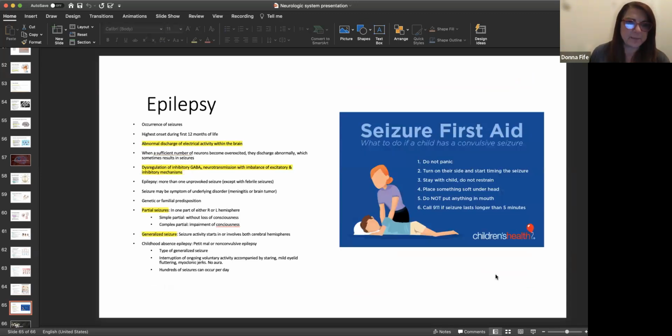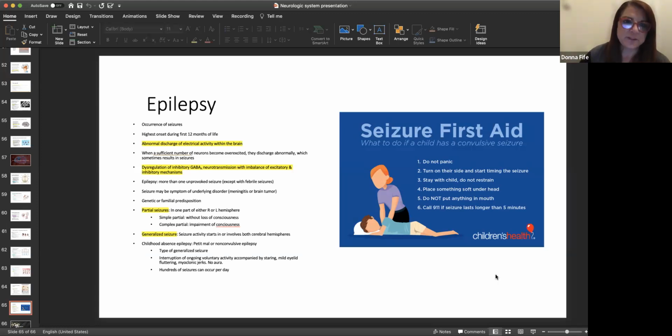And finally, epilepsy. This is the occurrence of seizures. Highest onset is during the first 12 months of life. It's an abnormal discharge of electrical activity within the brain. When a sufficient number of neurons become overexcited, they discharge abnormally, which sometimes results in a seizure.